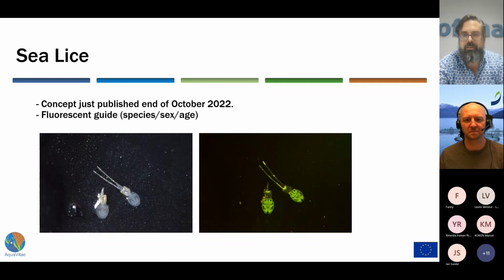But as you can see, under normal and excitation lighting, sea lice are highly fluorescent, and I will be working with the team here in Nofima to produce a fluorescence guide for species, sex, and age of the animals to help in the identification of them in aquaculture.